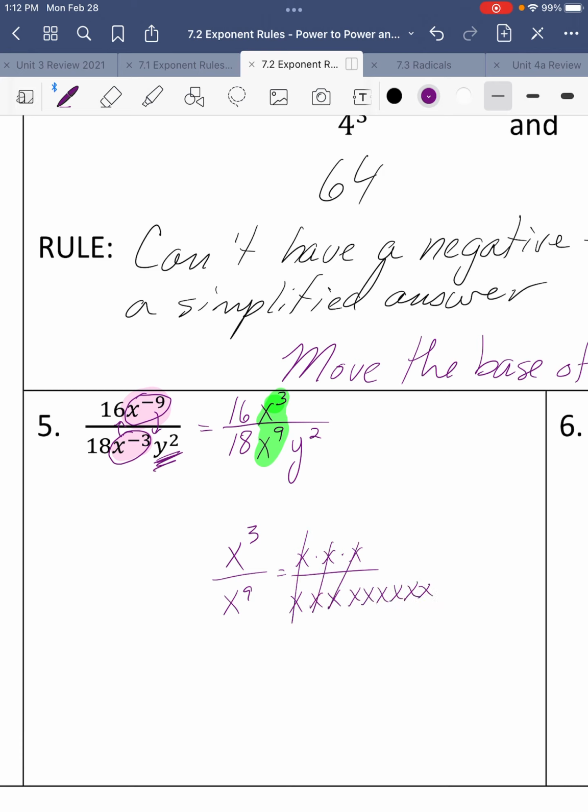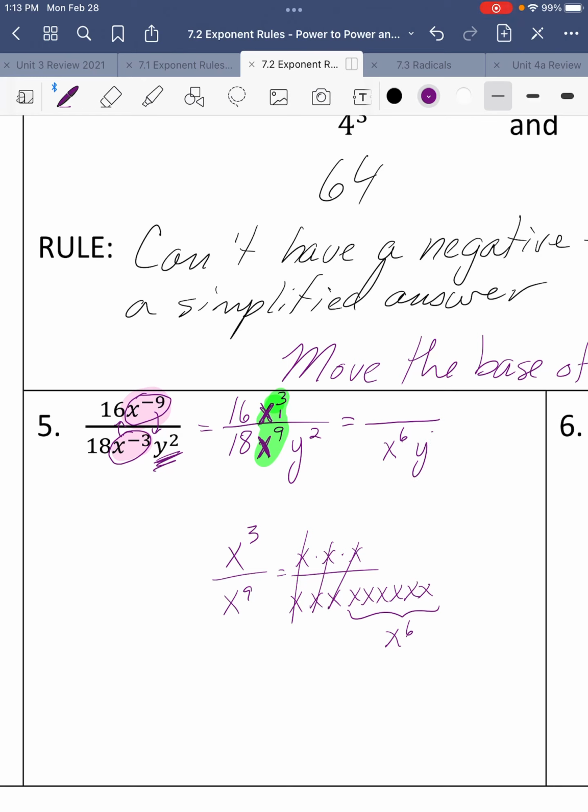Simplify, and what you're left with is x to the sixth in the denominator. The rule is with like bases, you can subtract the exponents. You take the biggest, subtract the smallest, and you place the answer where the biggest exponent started. So x to the ninth was bigger, so you have x to the sixth in the denominator.